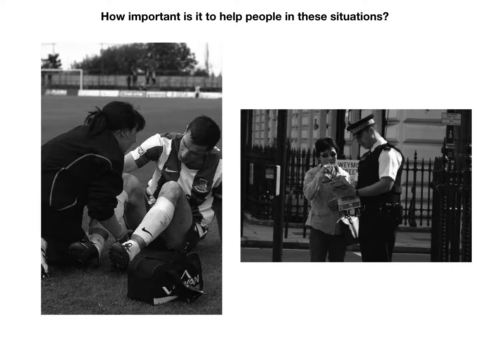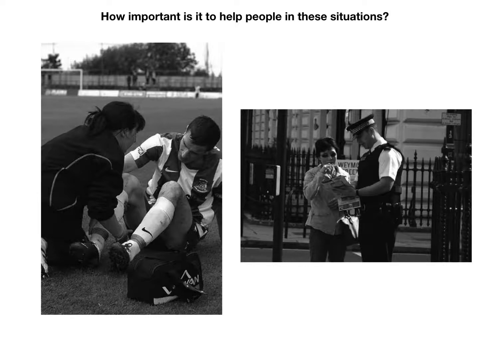In the second situation, it is also important to help the tourist because tourists can be victims of crime, and if they don't get help, they don't find their place, they may find themselves in a bad situation. They may have something bad happen to them.